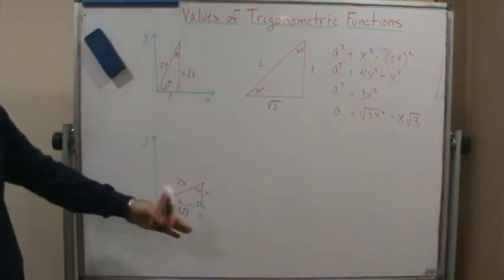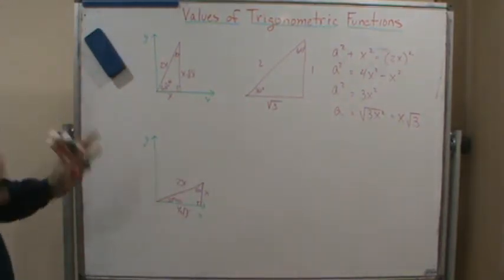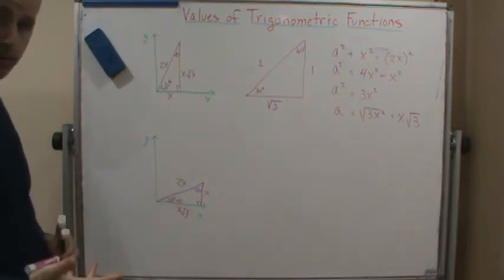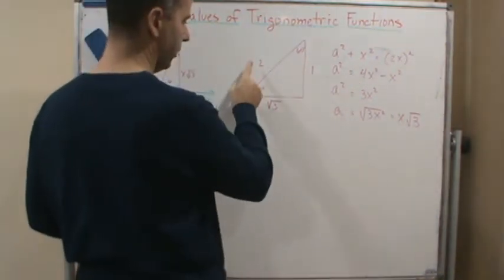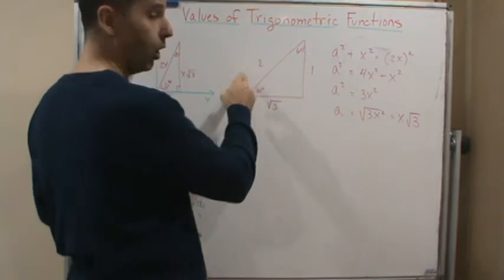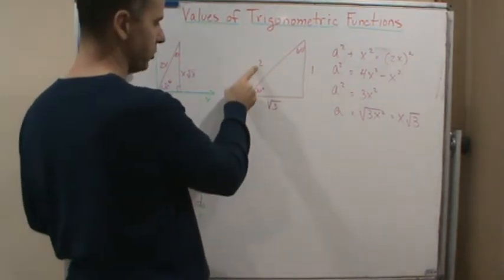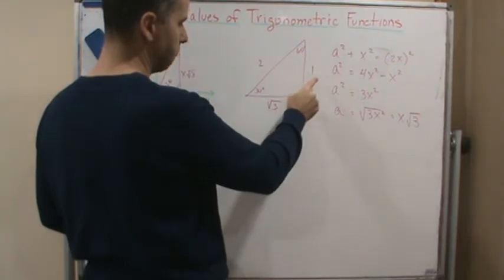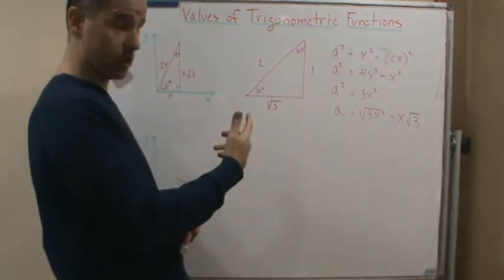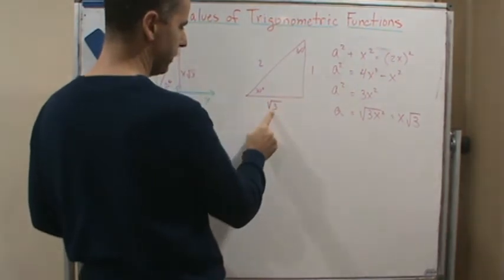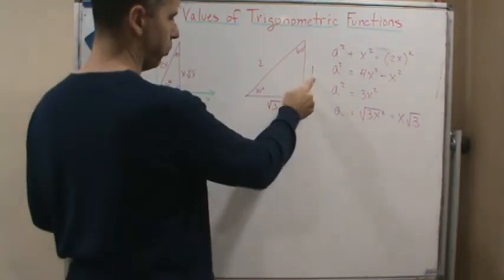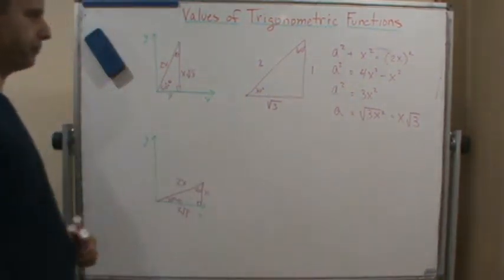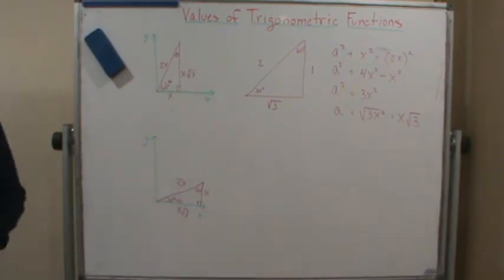It just depends on what x is. If x is 1, then it just becomes 1, 2, and the square root of 3. The hypotenuse is always the longest side, so it's 2. The side opposite the shortest angle is always the shortest side, so this is 1. And then you just have to remember that the side opposite the 60-degree angle is square root of 3. So it's 1, square root of 3, 2. That is this 30, 60, 90 triangle.